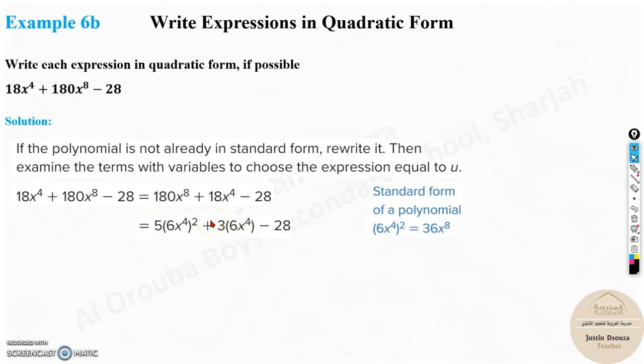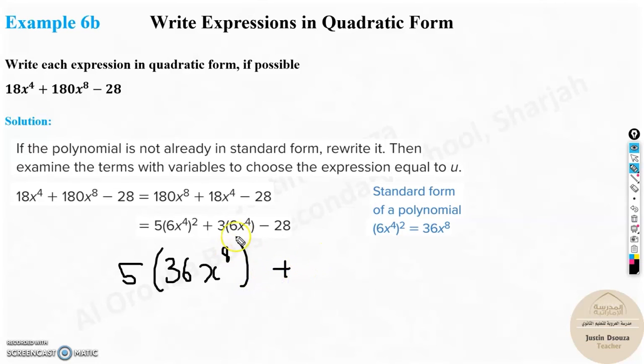Now, if the options are given, it's much easier because all you need to do is simplify them and check with the options given in the question. When the options are given, you have 4 options. All you need to see is that this last term will be the same no matter what. And then over here, 5 times 6 squared is 36, x to the power 8.